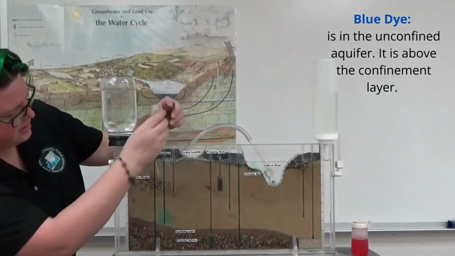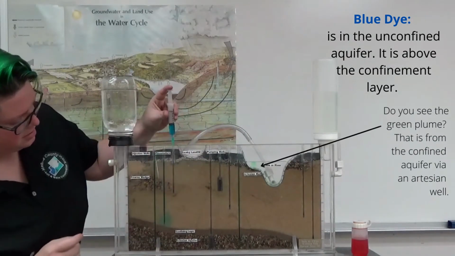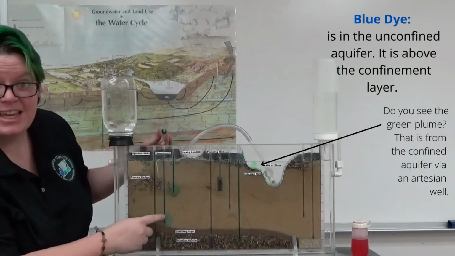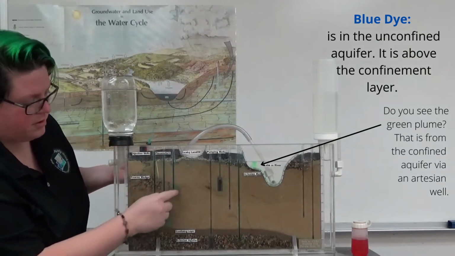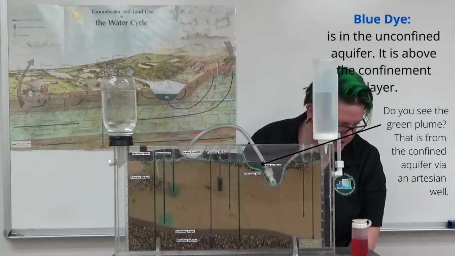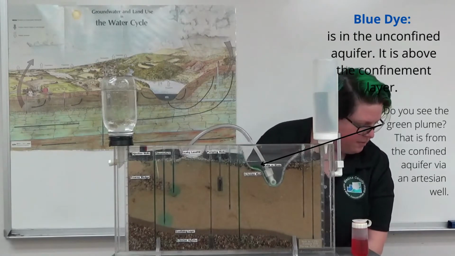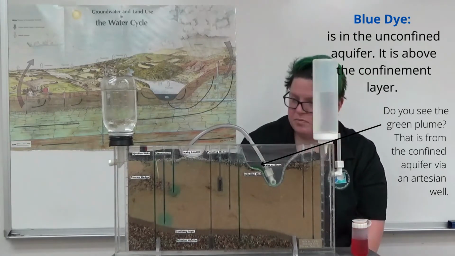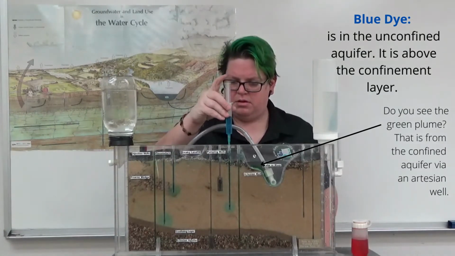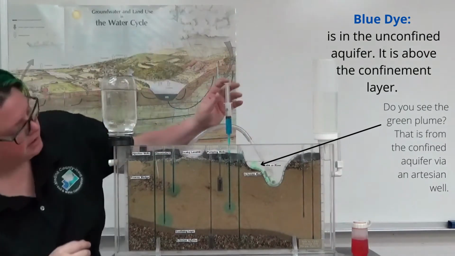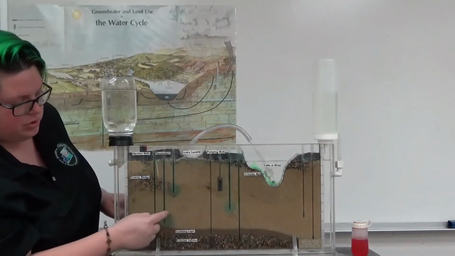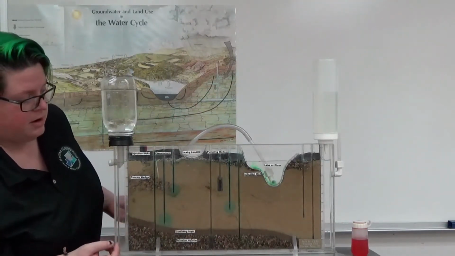Oh, you can see it right down there, so that's great. You can see that nice plume of color right there, and that is in our unconfined aquifer. And I think I have one more to do right here. Let's see how much is coming out. Oh yes, so we have our nice plumes of color right there.